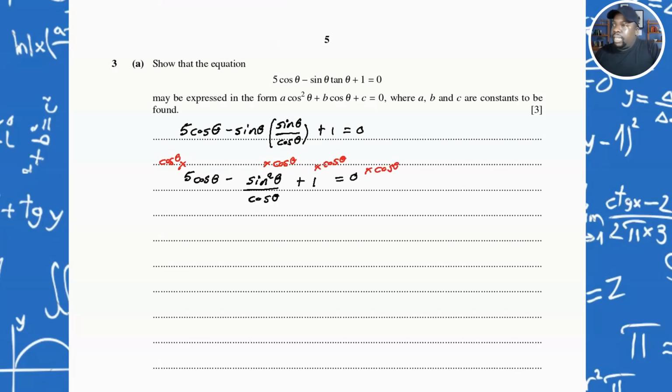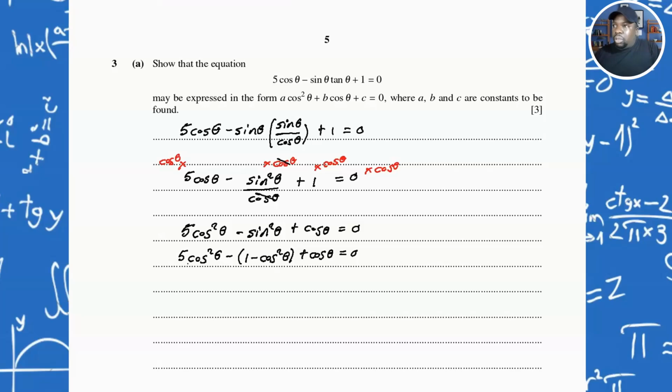We will get 5 cos squared theta, and here they cancel. We get minus sine squared theta, plus cos theta, equal to 0. We're going to use the identity on sine squared theta so that it becomes 1 minus cos squared theta, plus cos theta equal to 0.